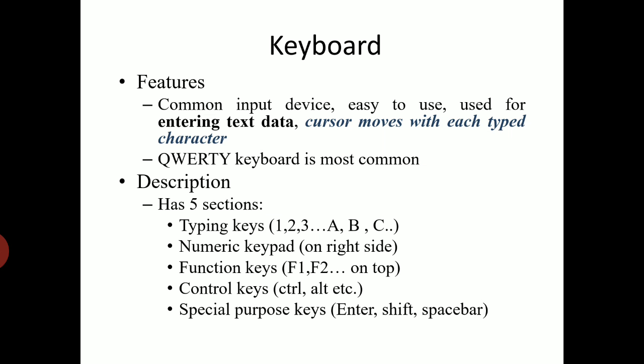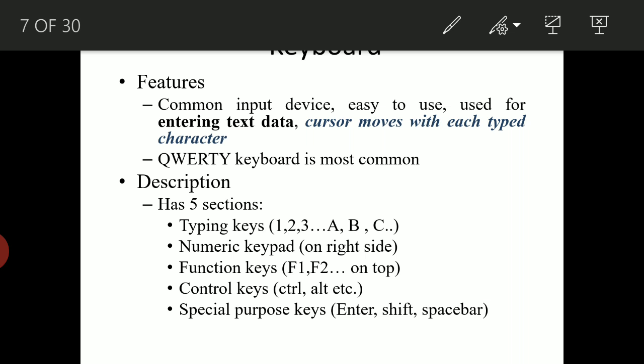As you all know, the keyboard is mainly used for inputting text data, for typing, and you can use arrow keys for moving, and the special keys are also there. You are all familiar with these sections: typing keys, number keys, function keys, control keys, special purpose keys, etc.